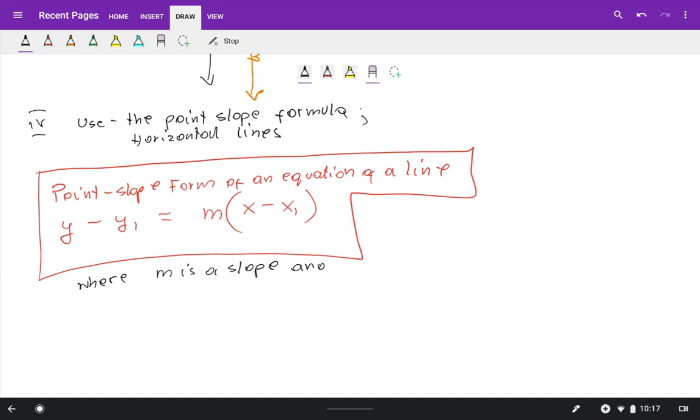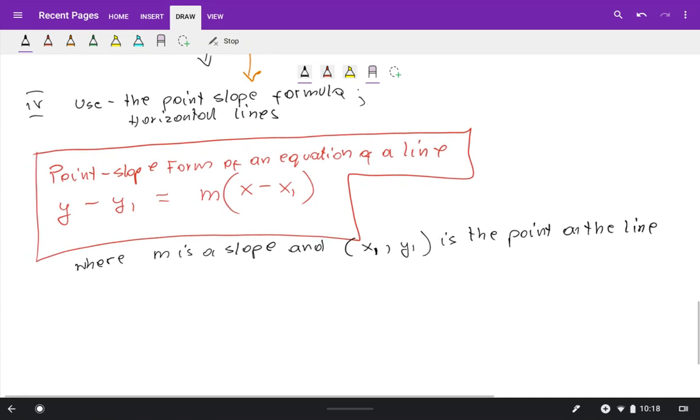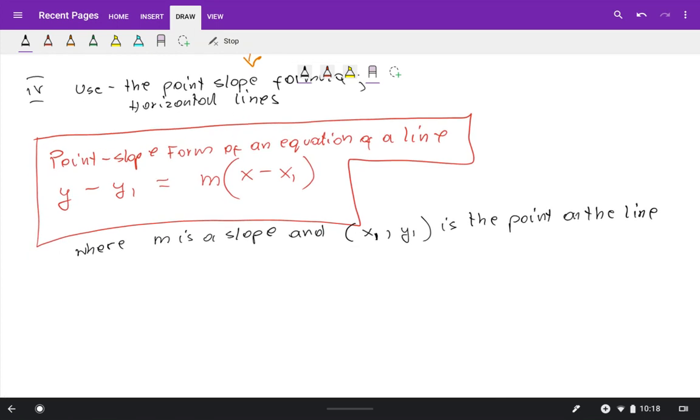and x1, y1 is the point on the line. So we have one given point, we have the coordinates, and the slope is known.